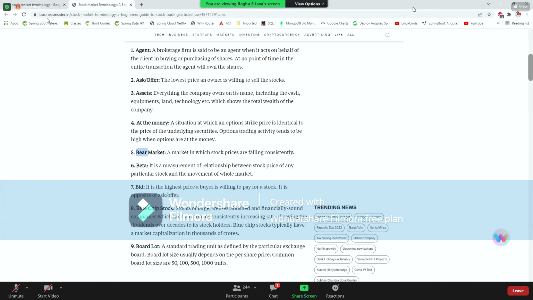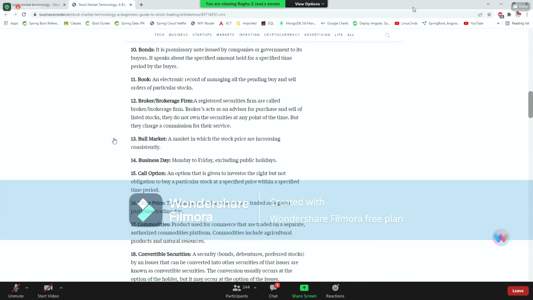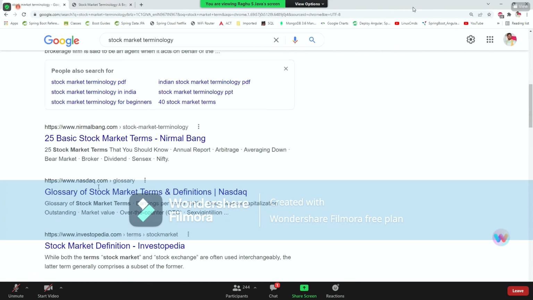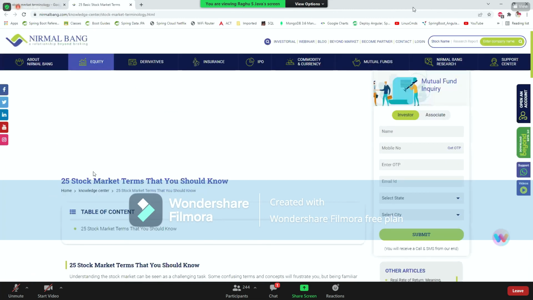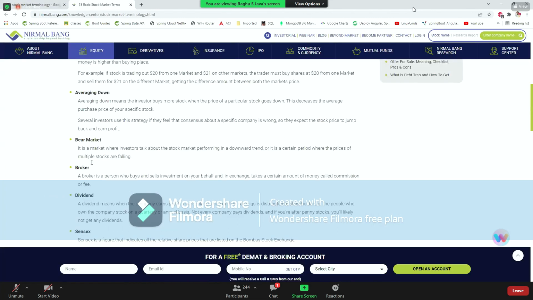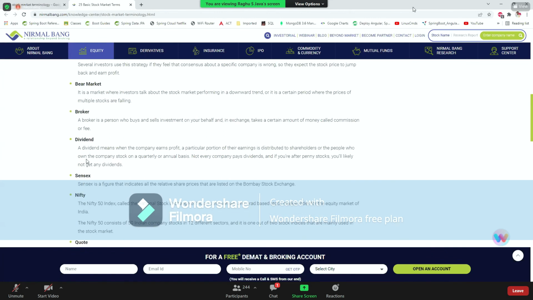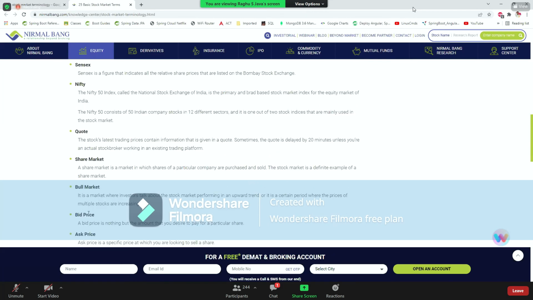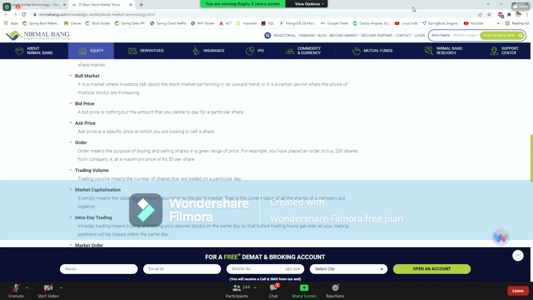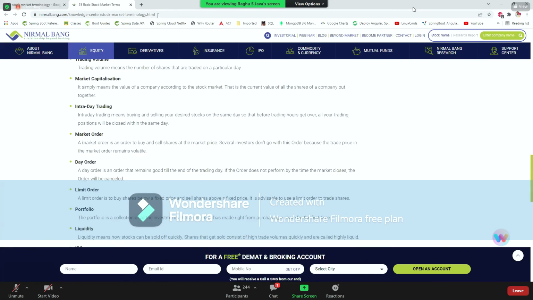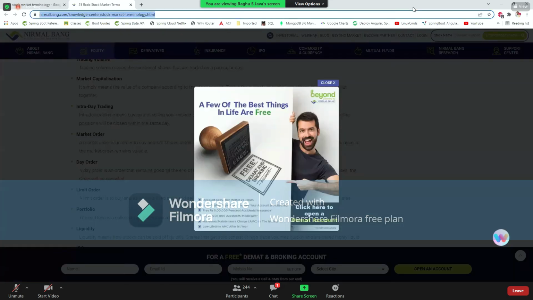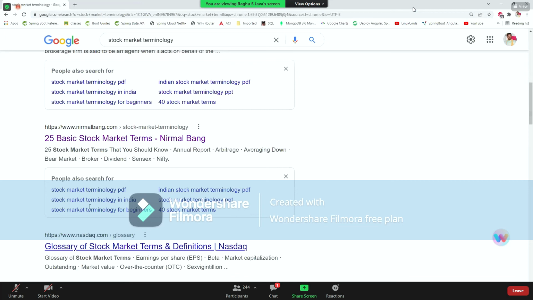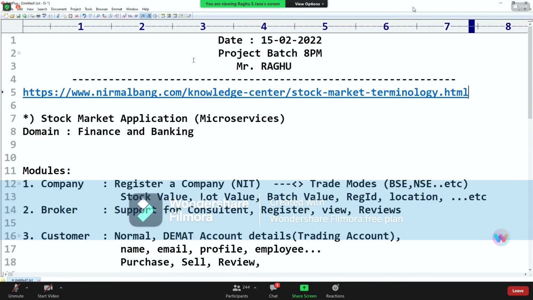This includes even the share market, but we mostly work on stocks. You can understand the annual report, bear market, Nifty, dividend, Sensex, bid price, trading volume. There are a lot that include the share market too. You can check it.